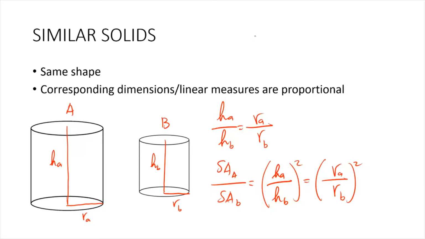And if we take the ratio between the volumes, this must be equal to the cube of the ratio between the corresponding dimensions or linear measures.